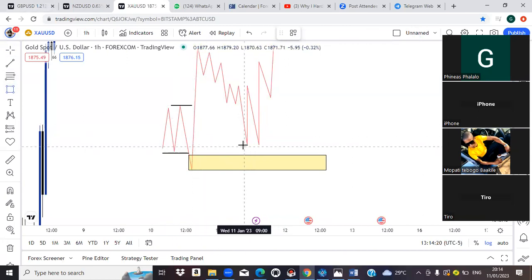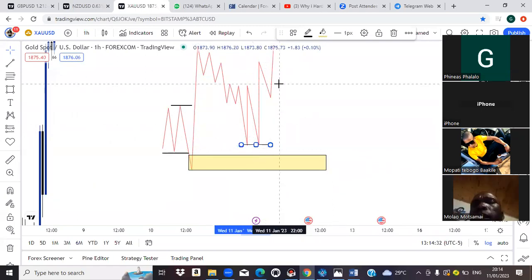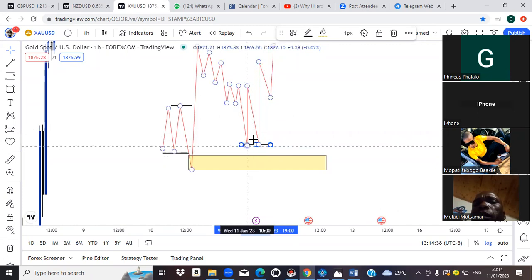Many traders, because they have fear of missing out, imagine entry, let's say 8 hours, and then order block confirmation entry.